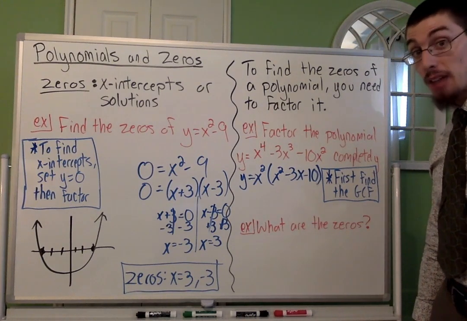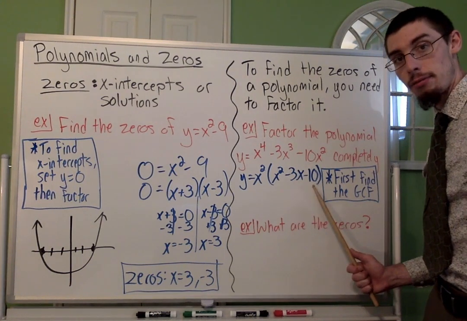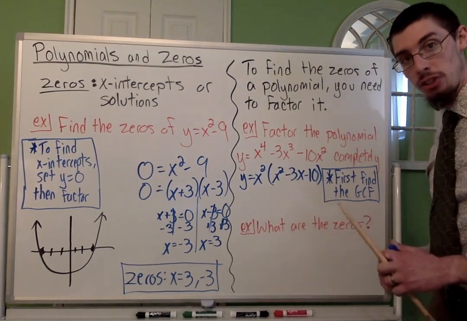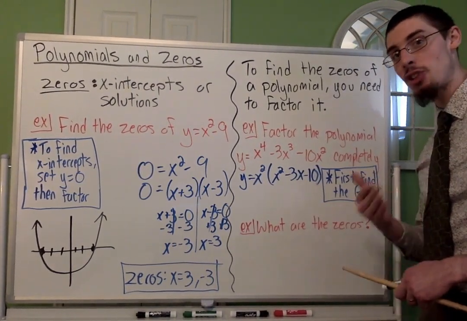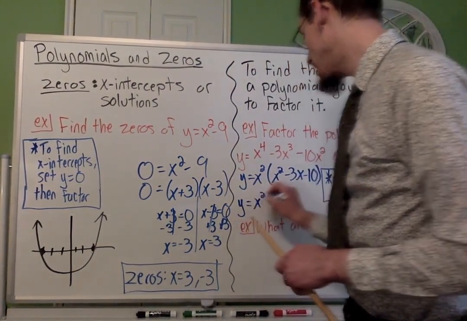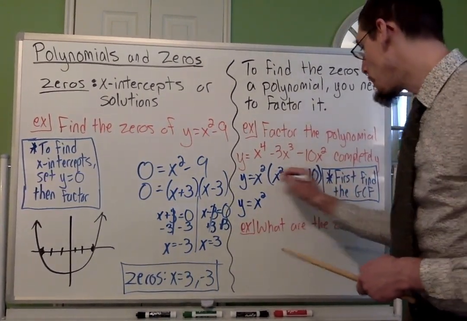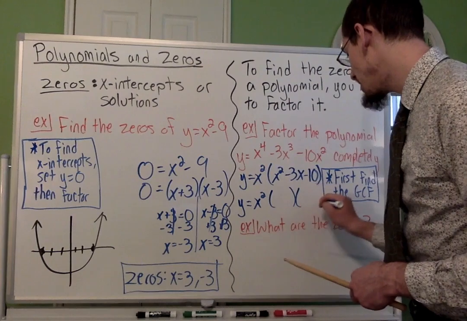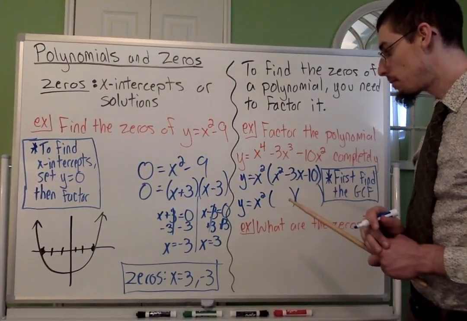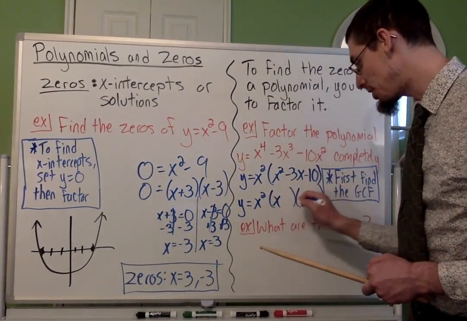Well, I'm not done factoring yet. If you notice, I now have a quadratic. And I can factor this quadratic like I would factor any trinomial. So what's going to happen is the x squared is just kind of chilling outside. But I can break down x squared minus 3x minus 10. X squared, well, that's just x times x.